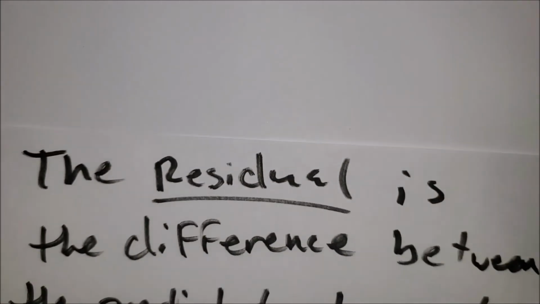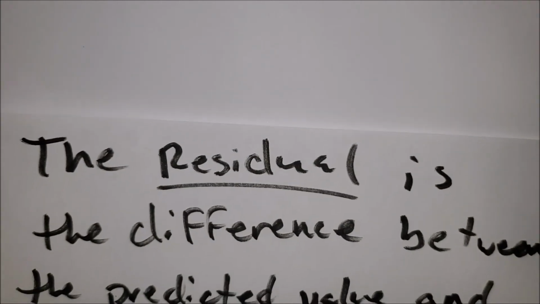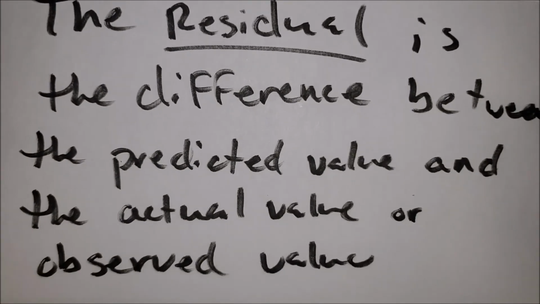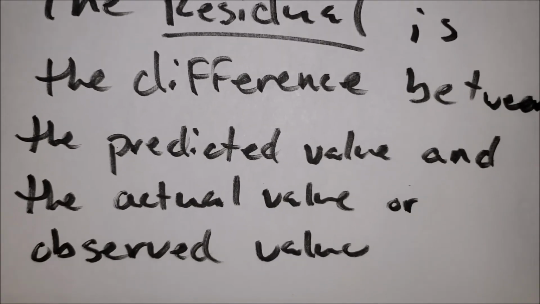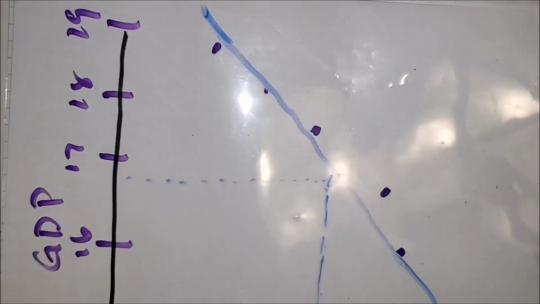So the next thing to learn about that's kind of important that has to do with this is what's known as the residual. And the residual is the difference between the predicted value and the actual value or observed value. So we said over here that we could make predictions.